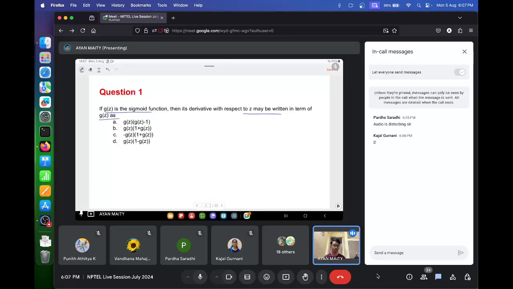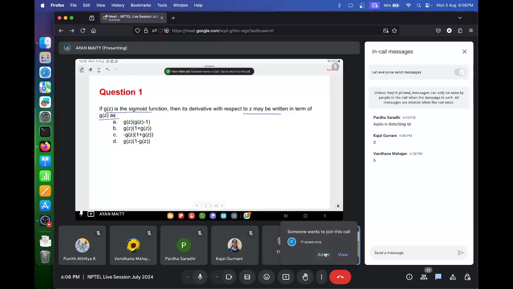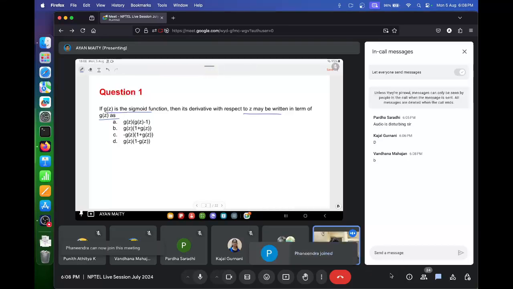If anyone else has computed it, you can write in the chat. Vandana Maharajan says option B, which is g(z) into 1 plus g(z). Okay.